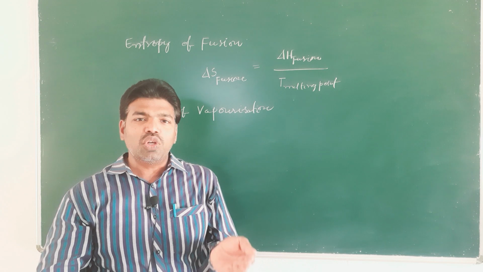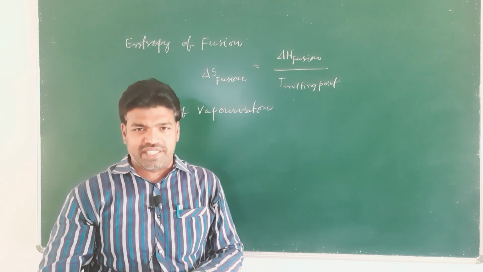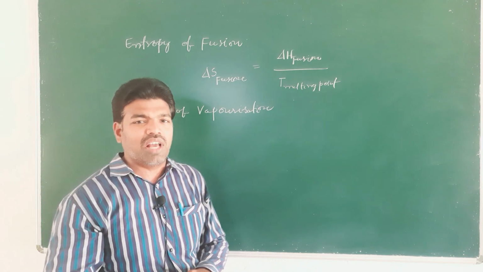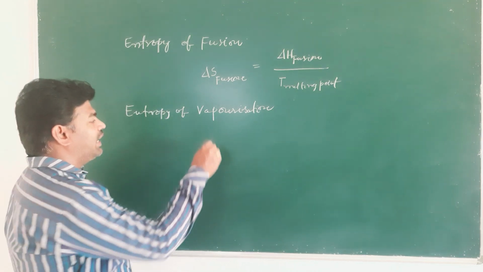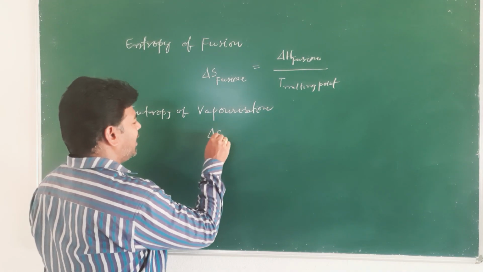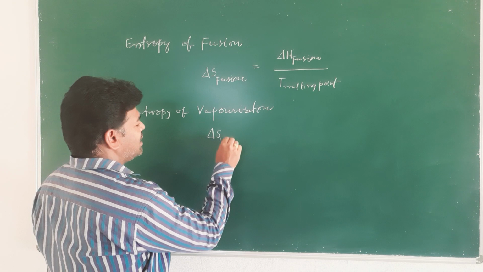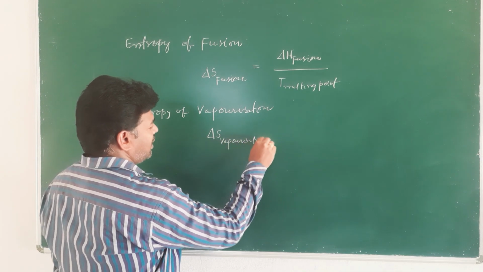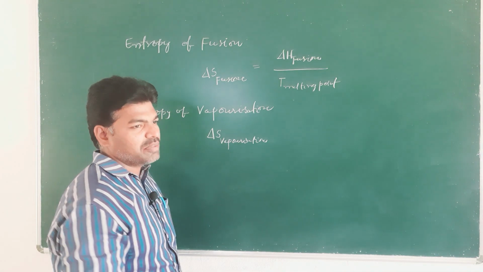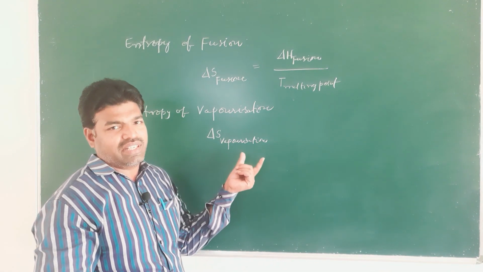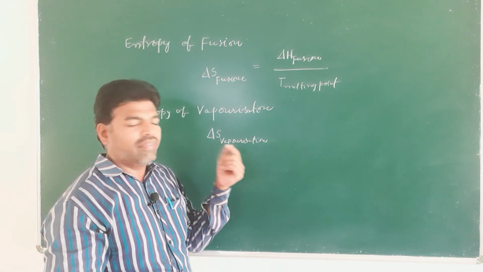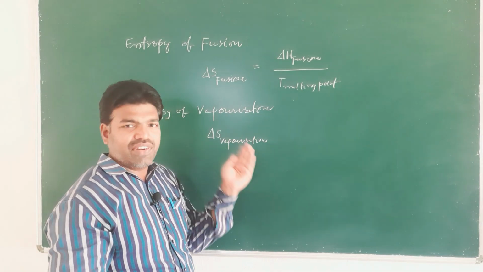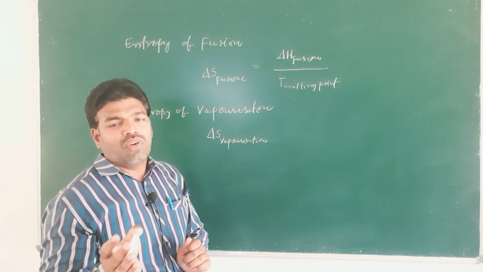And the entropy change during this process can be calculated by using the formula for delta S vaporization, that is, the entropy change during the vaporization process. Vaporization is the transformation where a liquid substance is converted into vapor, right?